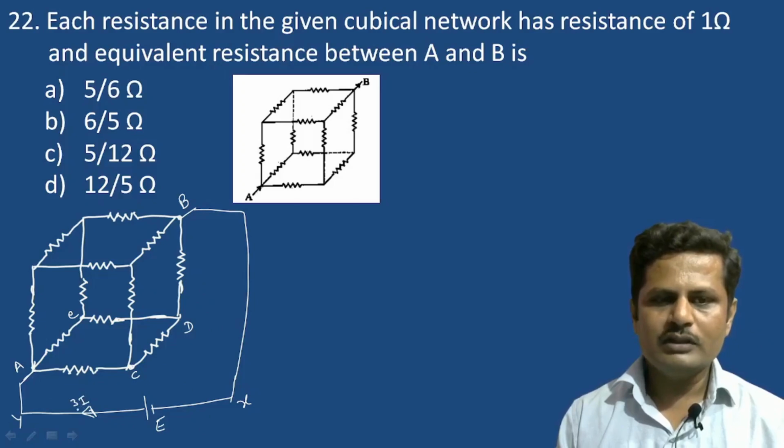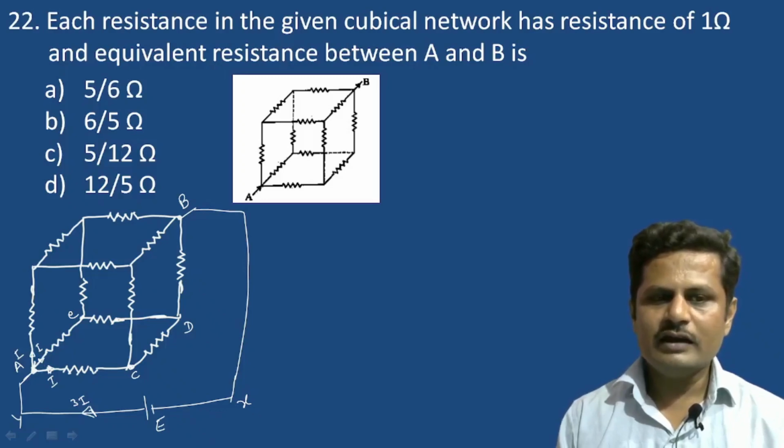Whenever the 3I comes to the junction A, this 3I is divided into I and I and I. That means it divides equally through all these 3 resistors.